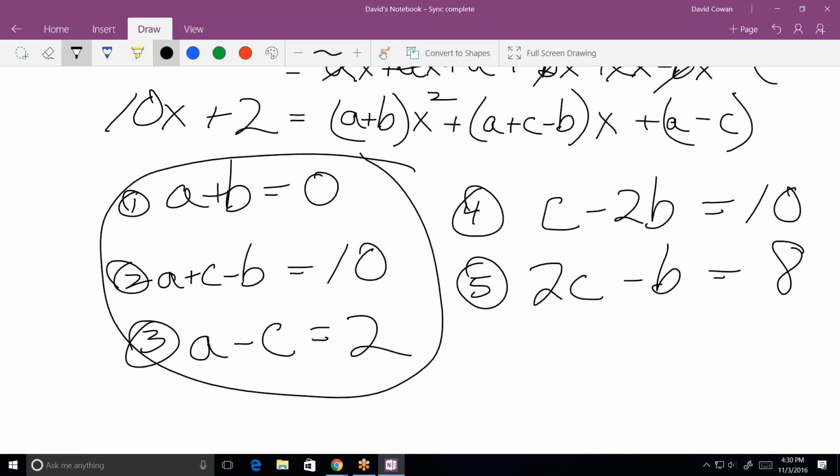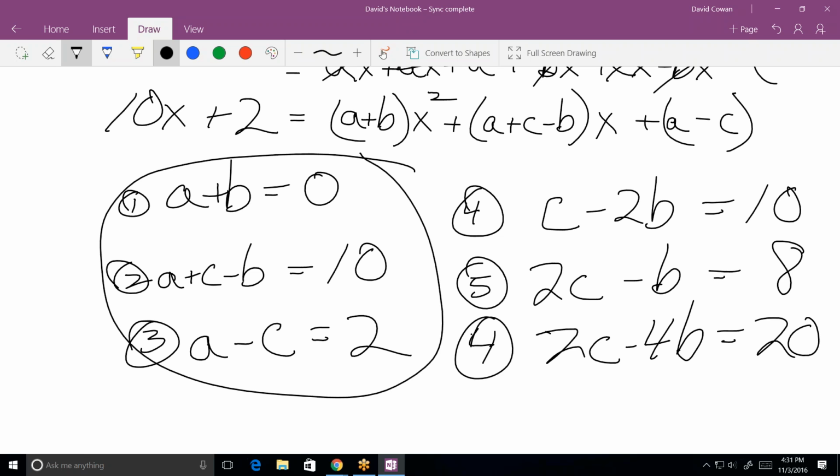Now we have to manipulate 4 and 5 in order to eliminate another variable. In other words, now we're down to 2 equations and 2 unknowns. So we can multiply either one of them by 2. You could multiply the top one by 2. So rewrite 4 as 2c minus 4b equals 20, and I'm going to put a line through it so I don't accidentally misread it.